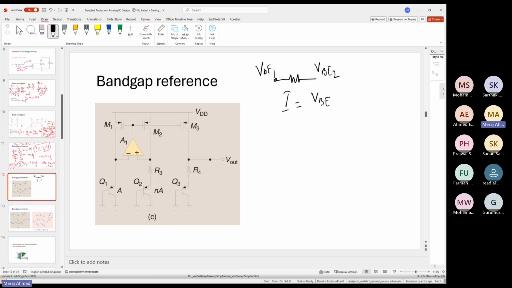It will be VBE2 minus VBE1 by R. So your current is now the PTAT current, delta VBE by R, and this delta VBE is proportional to temperature, VT ln N. So this is how the circuit evolved; you started with this design.